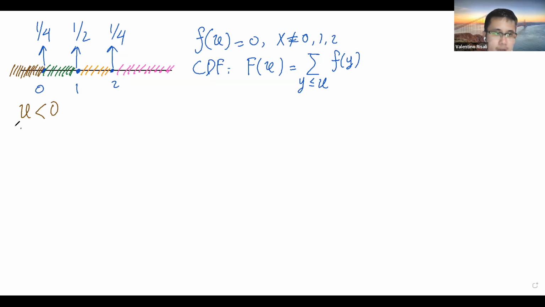And we will find the value of F(x). From the definition, it is equal to the sum of f(y) for y less than or equal to x. And from our case, x is less than 0. What is the value of this F(x)?